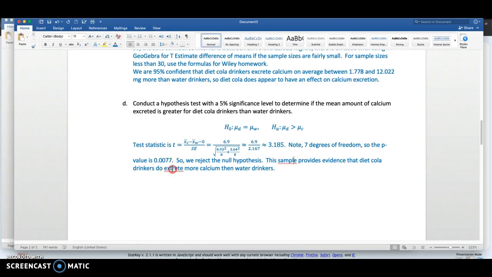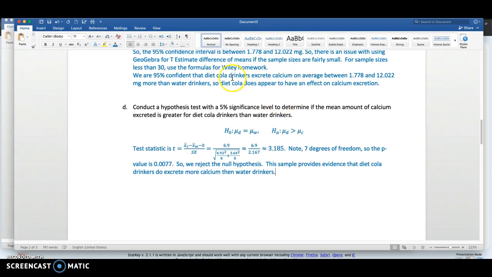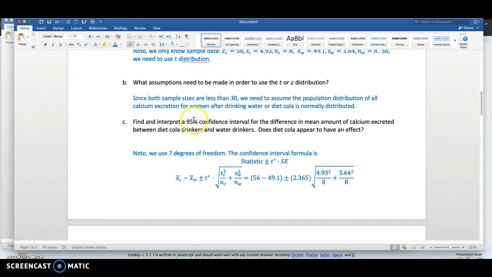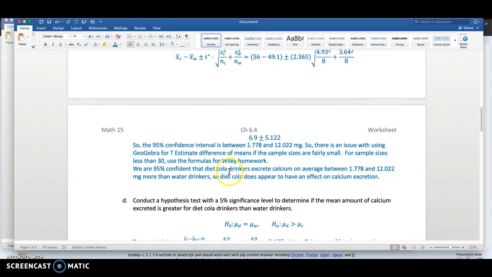Fix my typos. All right, and that does go together with what we got with the confidence interval. This is a good way to double check. The confidence interval should match up with the hypothesis test, making sure the significance of 5% matches up with the confidence level of 95%. Significance and confidence should always add up to 100%.